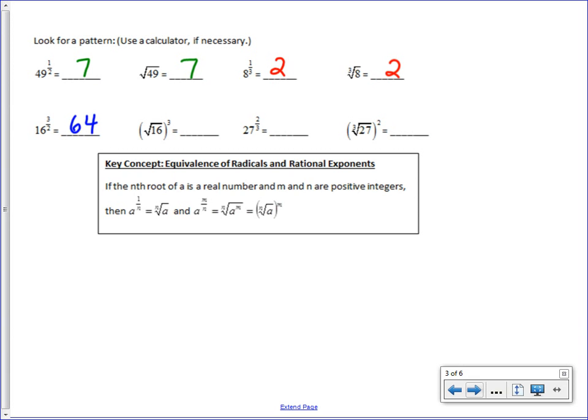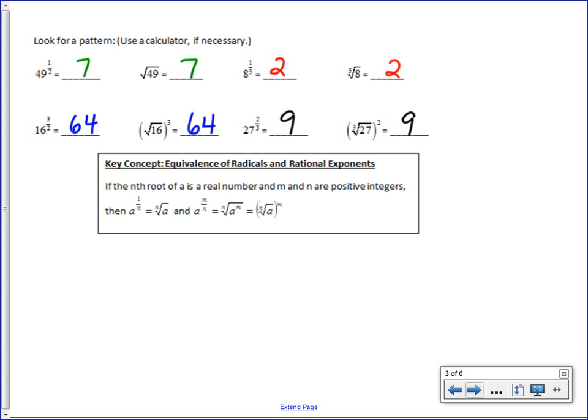And the square root of 16, which is 4, cubed is 64. And 27 to the 2/3 power is 9. And the cube root of 27, which is 3, when we square it, we get 9. Well, as you notice, and with the colors I've tried to emphasize it, we have some equivalent expressions. 49 to the 1/2 power is the same as taking the square root of 49.